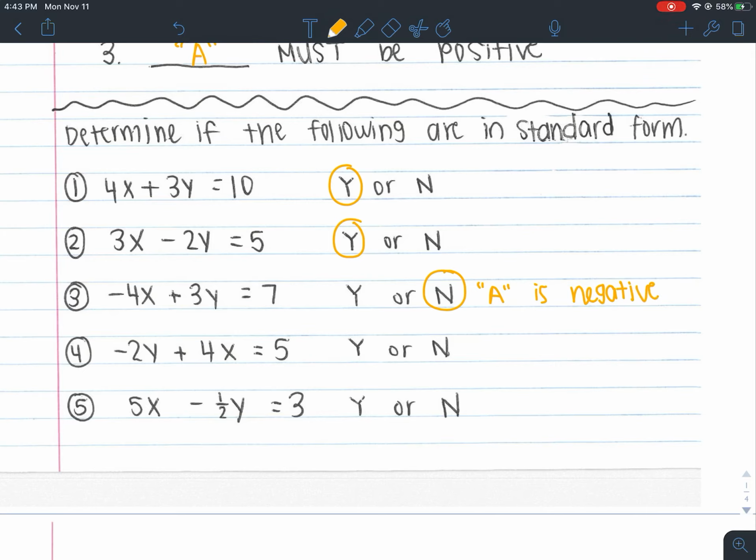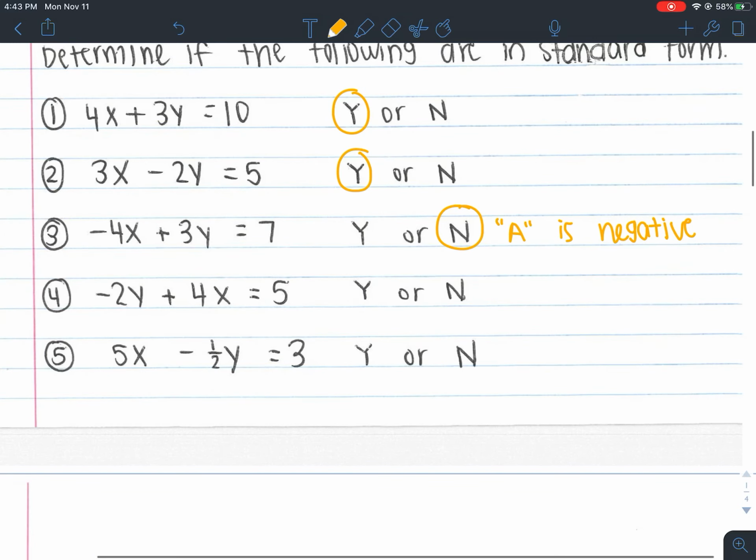Now, this isn't something I'm going to require you to do. This isn't the homework assignment, determining if it's in standard form. It's more of just, can you figure it out? Because you're going to have to be able to do this on your own, too. Number 4, negative 2y plus 4x equals 5. The first step is, are x and y on the same side? Yes. Are there any fractions? No, so that's good. The last requirement is that a needs to be positive.